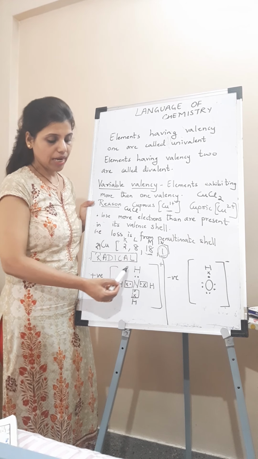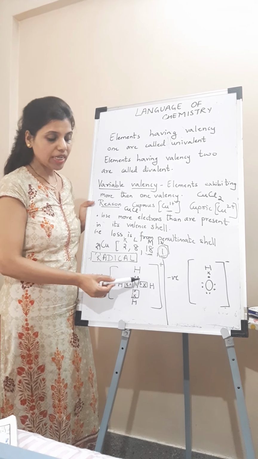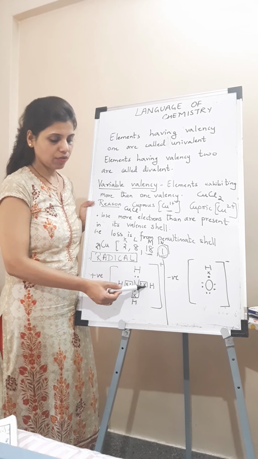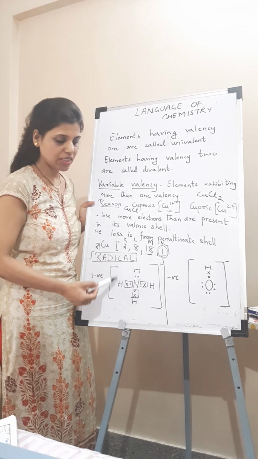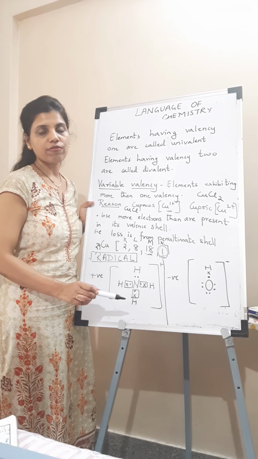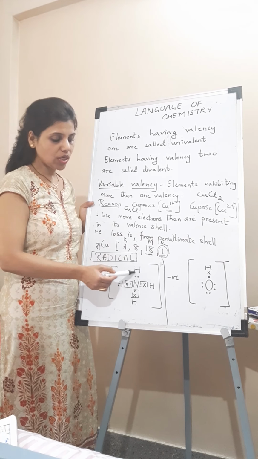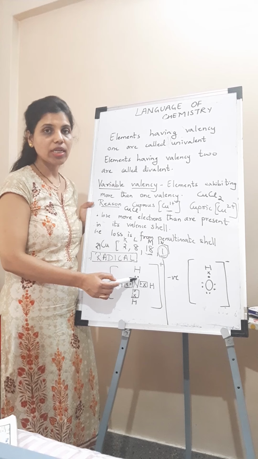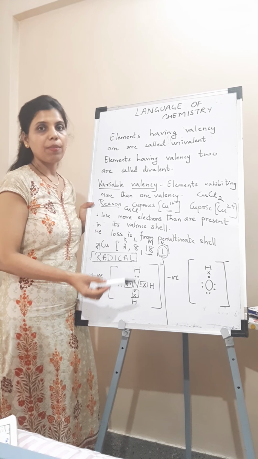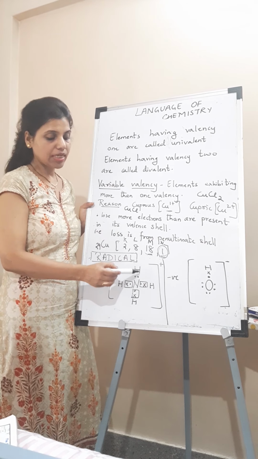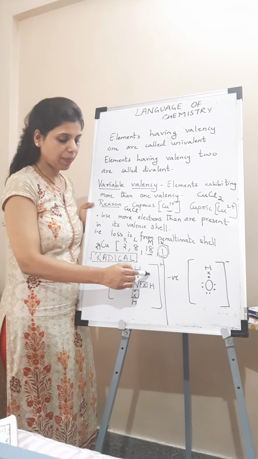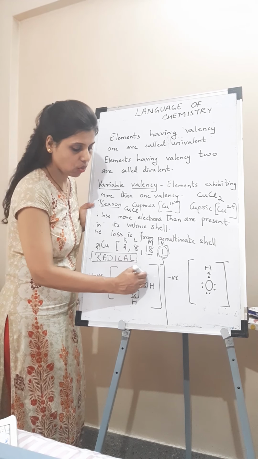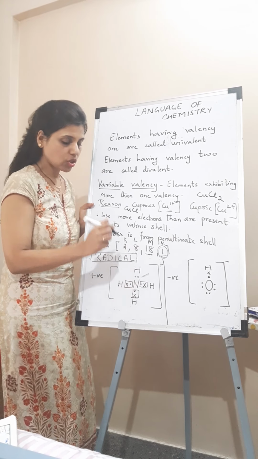That is how nitrogen, you can see how many electrons it has now, 1, 2, 3, 4, 5, 6, 7, 8. That means it has a stable electronic configuration. Now this particular pair of electrons is not shared by any of these elements, and it is known as a lone pair of electrons. So this hydrogen comes and combines with this lone pair.